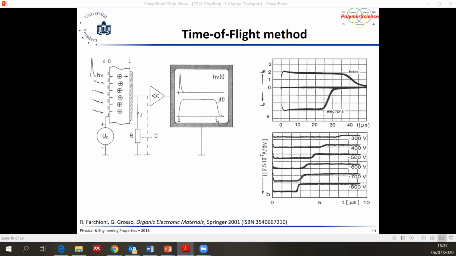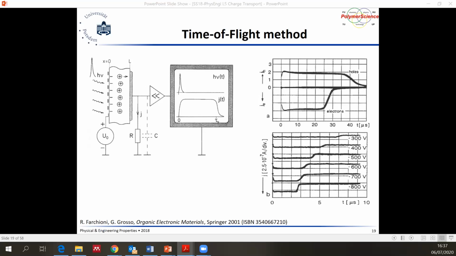To do this properly, we have to apply the extraction of the charges instantaneously as we turn the laser light off. I won't go into detail so I don't confuse you, but we have a pulse, we get photogenerated charges, then we turn the laser off, and then we extract the charges.